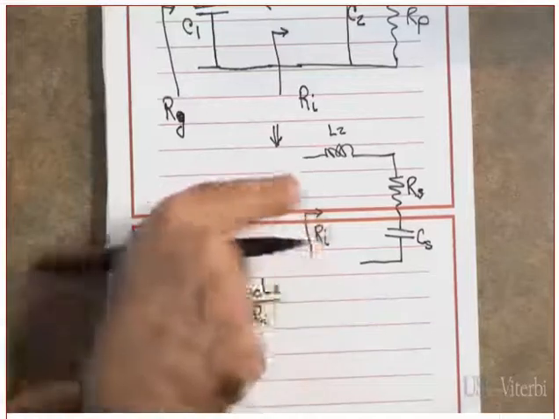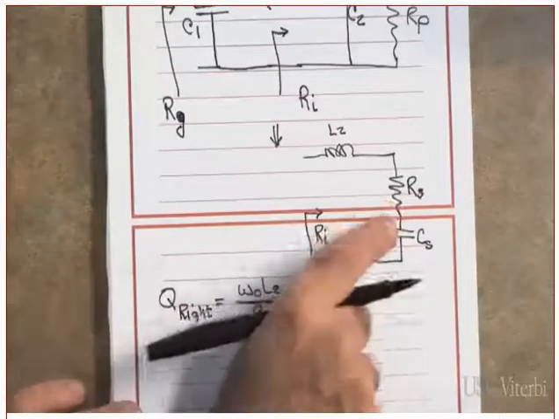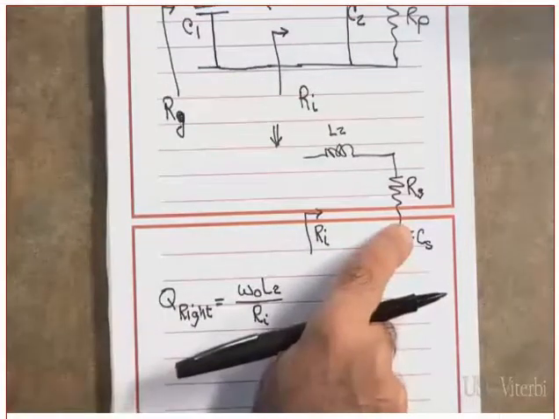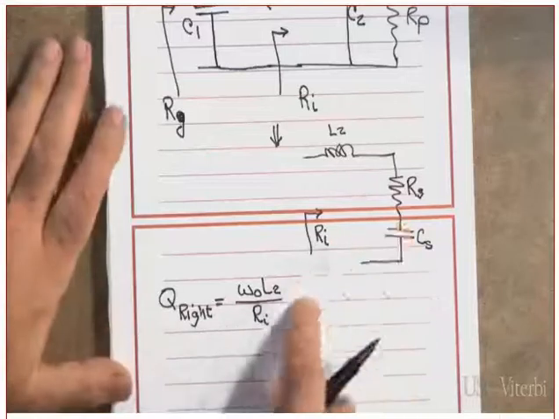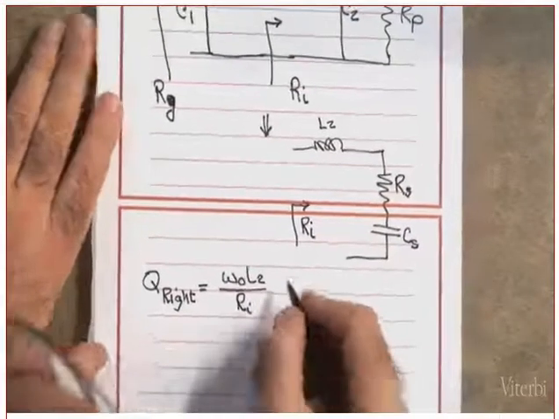Yes or no? Because the impedance looking in here is equal to Rn. At resonance, by the way, what will this one and this one do? Cancel each other. Yes or no? So the Rn will be the same as this Rs. Did you get my point or not? Okay. Which is equal to what?